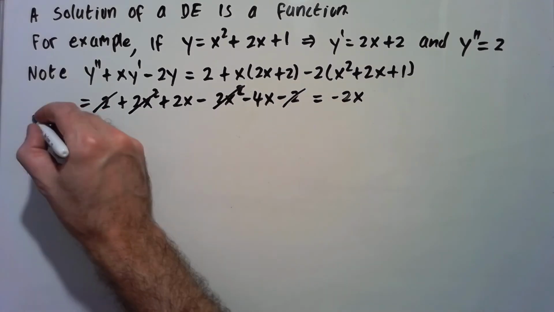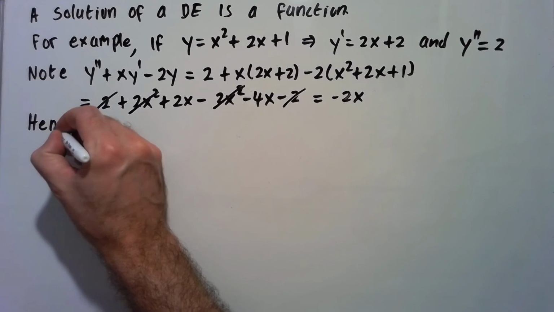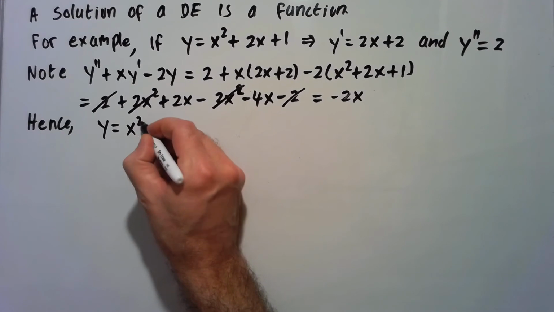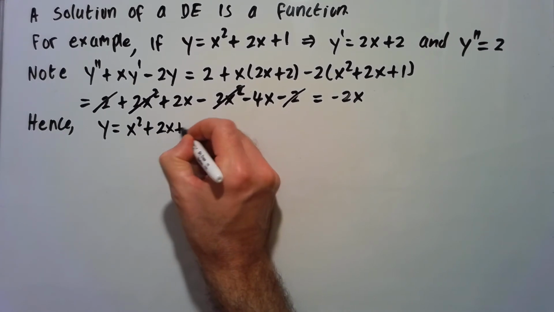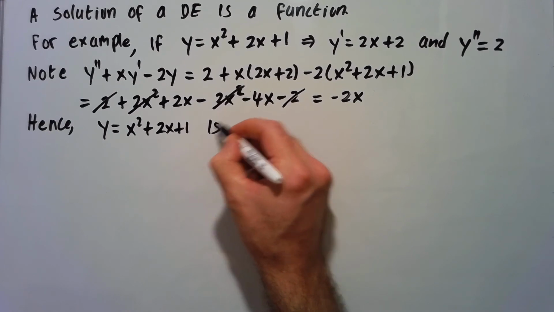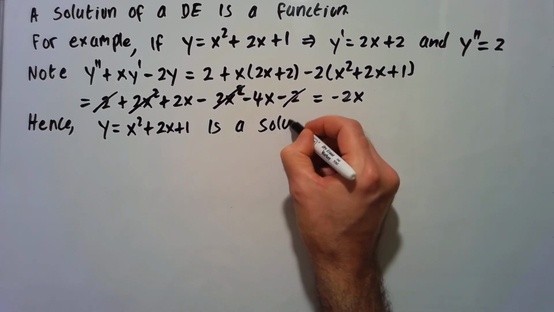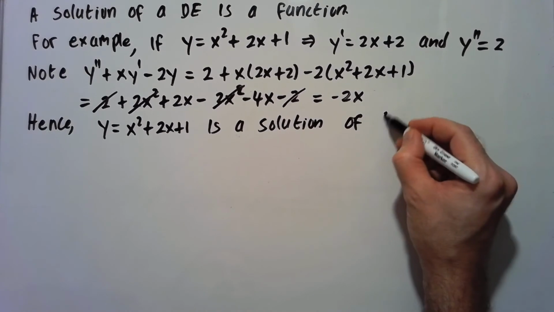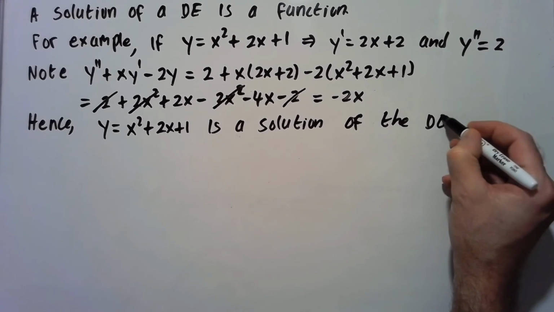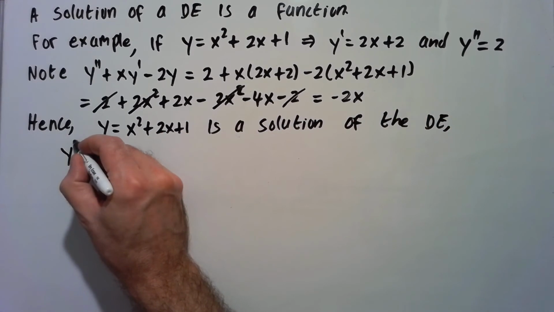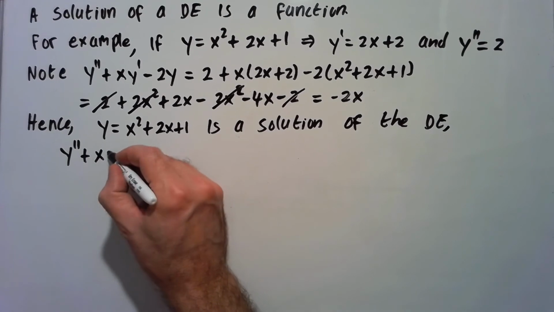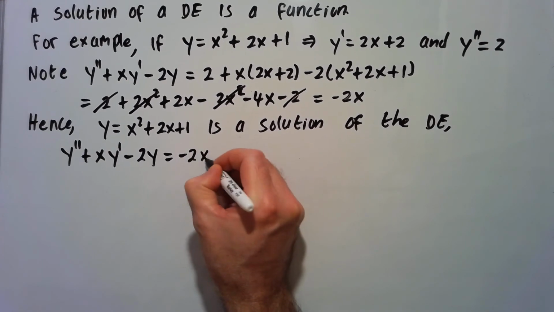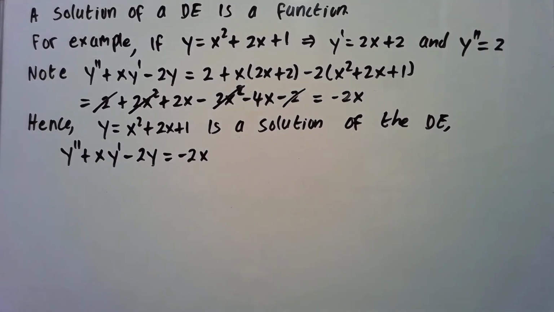So hence we can say y equals x squared plus 2x plus 1 is a solution of the differential equation y double prime plus xy prime minus 2y equals minus 2x. So we made it that way.